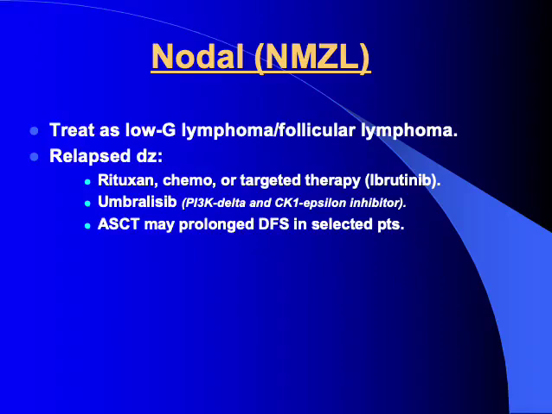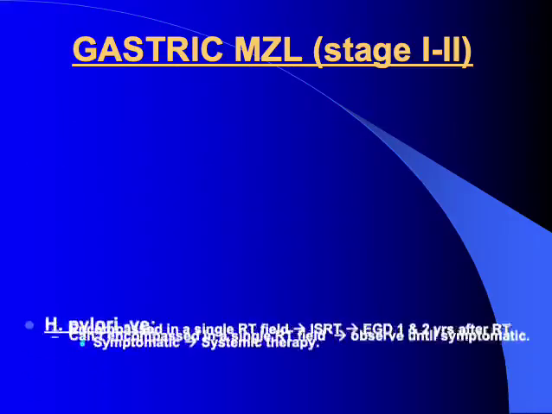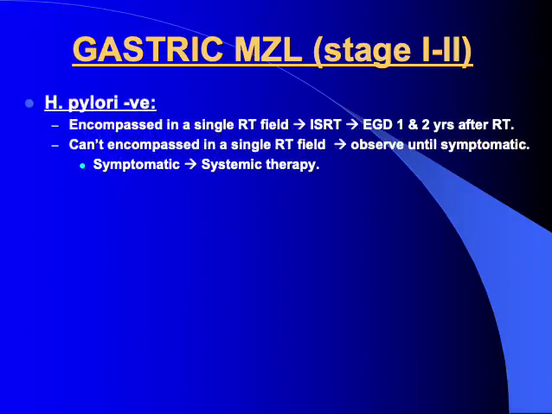So very similar to the follicular low-grade lymphoma. In the case of relapse, we treat with immune therapy, chemotherapy, or targeted therapy, ibrutinib. Treatment of gastric marginal zone lymphoma, stage 1 and 2, MALToma. This is the kind of cancer treated with antibiotics.